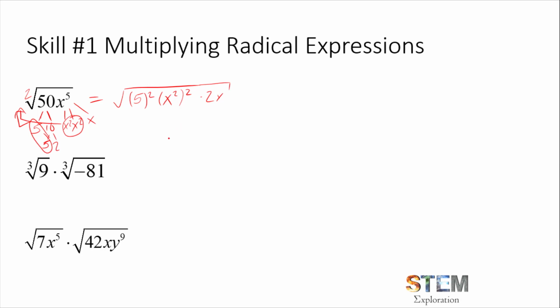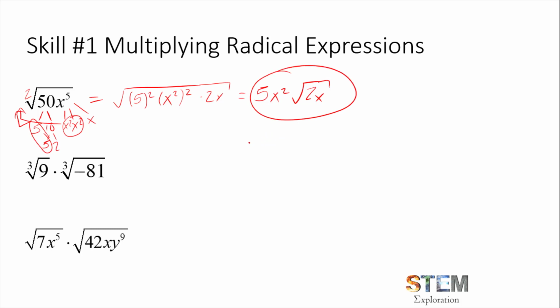Okay, and again, you don't need to do this. I'm just showing you that we have these pairs present. We can pull them out front, and we can simplify this quickly by saying 5x squared times the square root of 2x. And that would be the final simplified answer in terms of this given expression.